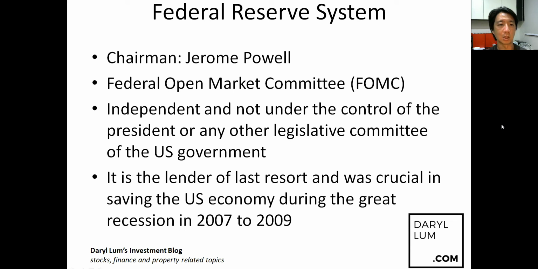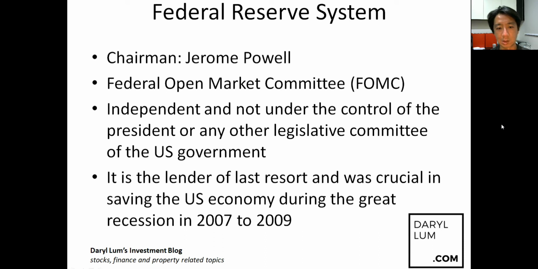Federal Reserve Chairman Jerome Powell doesn't have to answer to the current president of the United States of America. It's supposed to be totally independent. It's an independent body within the US system, and it doesn't answer to the president or any other legislative committee of the US government.